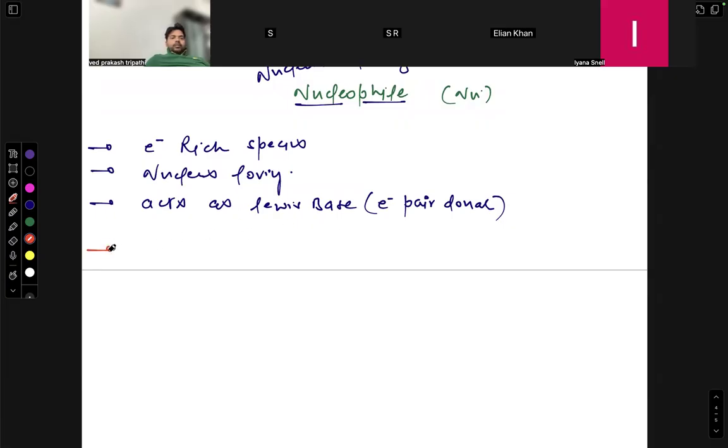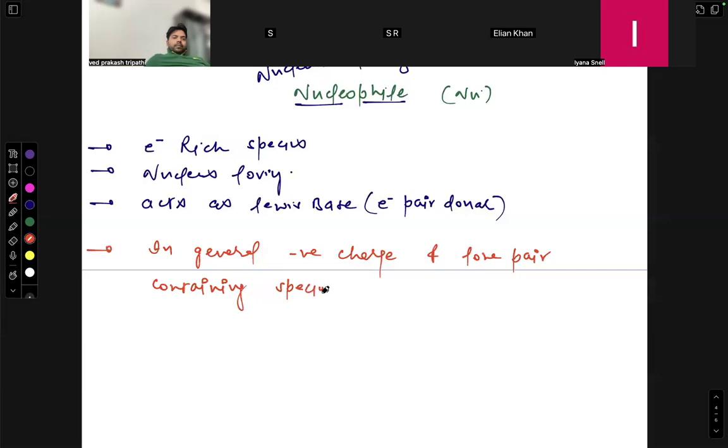Now what is the condition for a nucleophile? So very first we can say in general, negative charge and lone pair containing species acts as nucleophile.